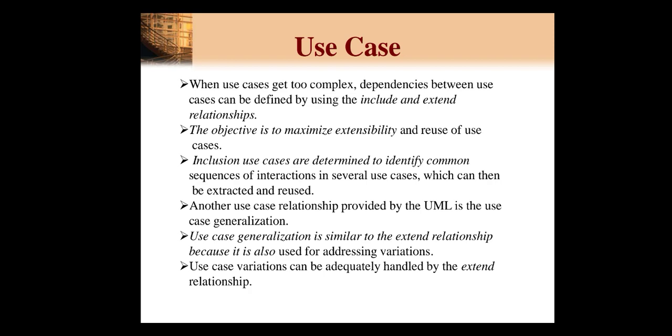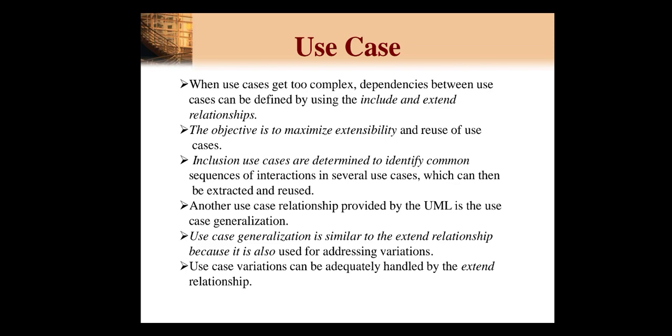When the use case gets too complex, dependency between the use cases can be defined by using the include and extend relationships. In the last lecture we saw how to describe use cases, right? We describe a use case with the help of the main sequence, alternate sequence, and the dependent actor.